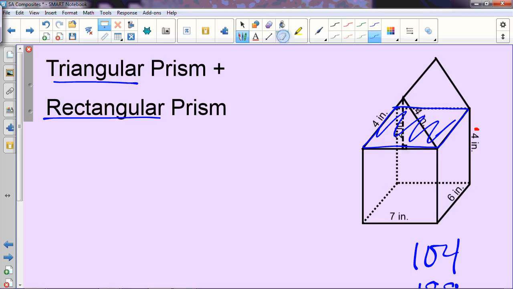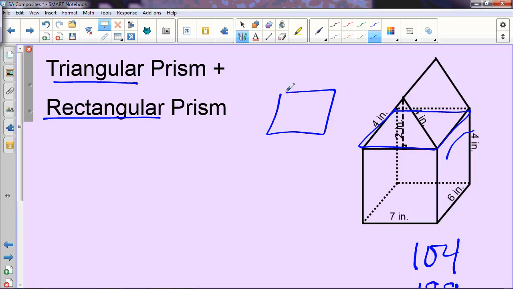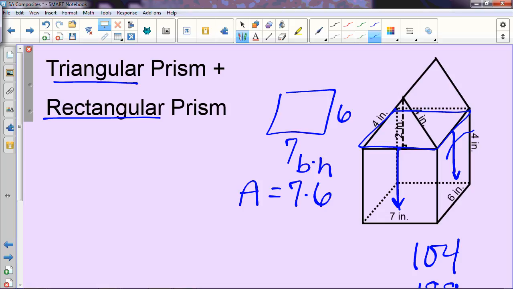So let's find the area of that piece so that we can subtract it out. So it is a rectangle, so I'm going to draw that rectangle separately so that I have less to look at. If you aren't sure what the dimensions are of it, 7. This side, 6. So it is a rectangle, area of a rectangle, base times height, 7 times 6.